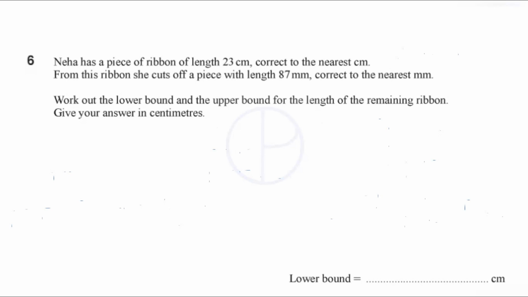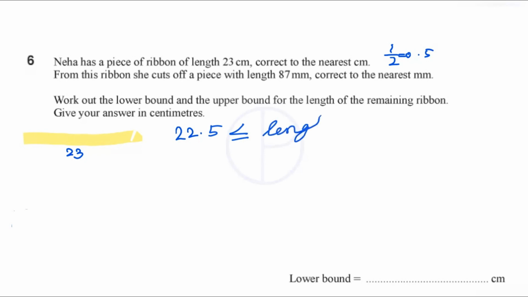So here the length of the ribbon is 23 centimeter, corrected to the nearest centimeter, that is 1 divided by 2 is 0.5. So 23 minus 0.5 is 22.5, less than or equal to the length, less than 23 plus 0.5, which is 23.5.